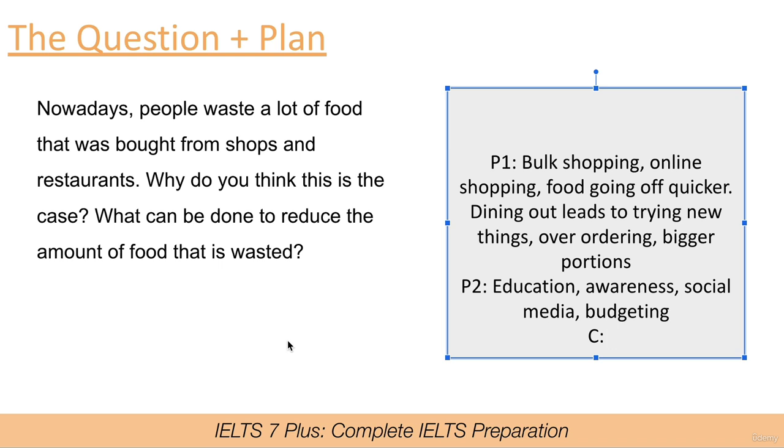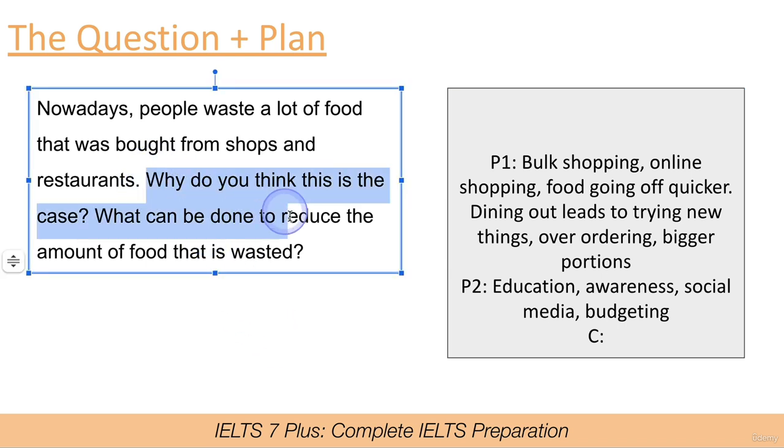So in the conclusion then, we can restate what we are being asked. So why is this a problem? Interestingly here, you might think this is an opinion question. Well, it's not explicitly. We are just going to be stating the reasons and the possible solutions.